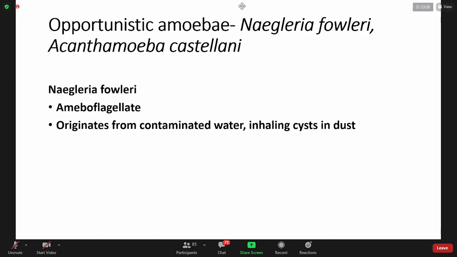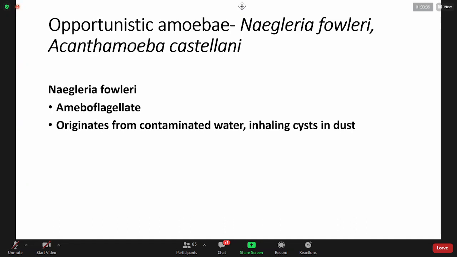There are some amoeba that are said to be opportunistic. They are said to be opportunistic because they commonly infect or cause disease in immunosuppressed individuals. One of these amoeba is Naegleria fowleri, and the other one is Acanthamoeba castellani.